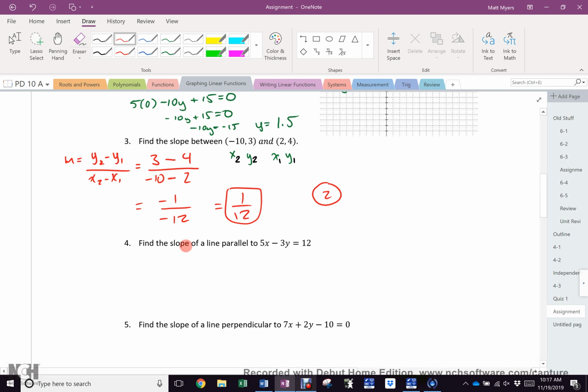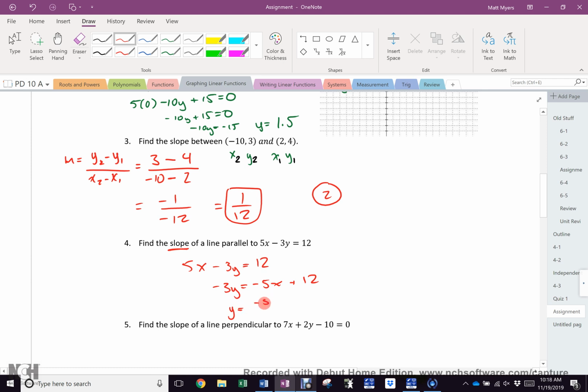I want a slope. Slope is the number with x, yes? So does this number mean anything to me? No. Negative 3y equals 5x minus 3y equals 12. Negative 3y equals negative 5x plus 12, but I know this number doesn't matter.